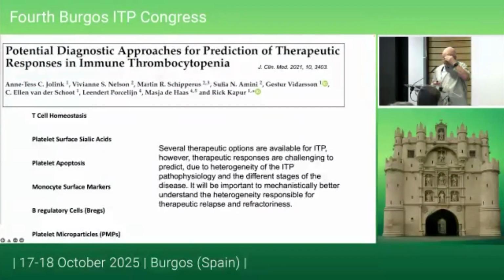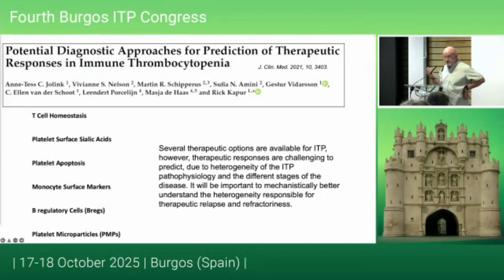Rick published a really nice review a couple of years ago showing that there's a whole variety of potential diagnostic approaches and predictions of therapeutic responses in immune thrombocytopenia. These certainly involve T cells, platelet sialic acids, platelet apoptosis, and monocyte markers.